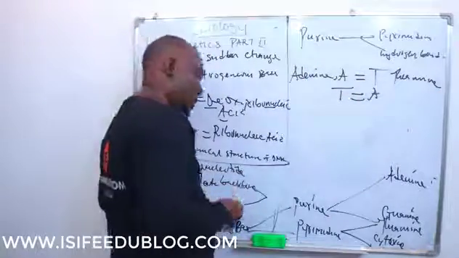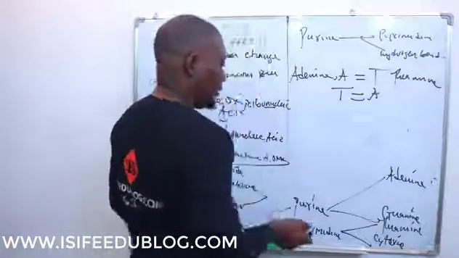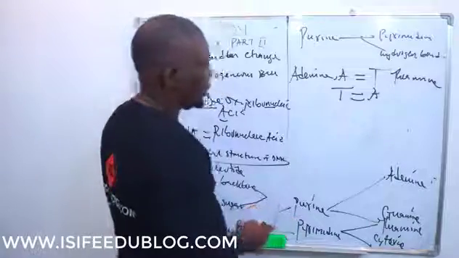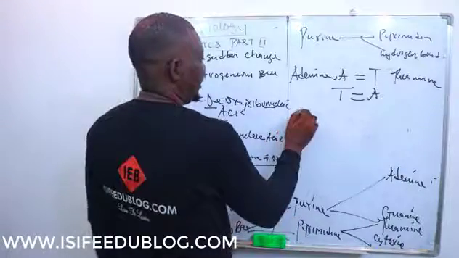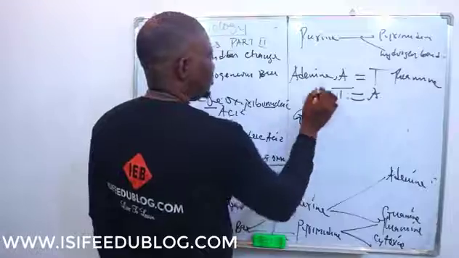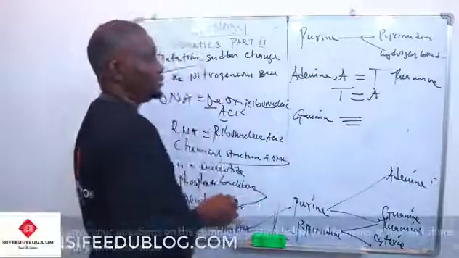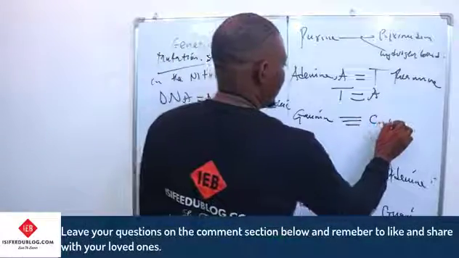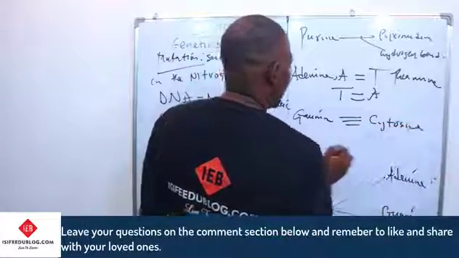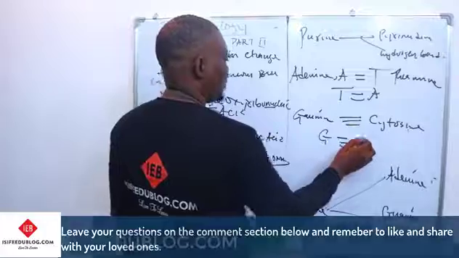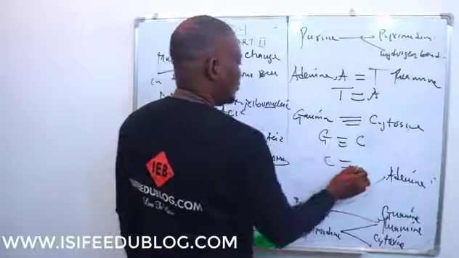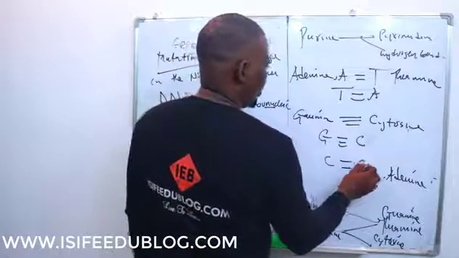On the other hand, guanine, a purine base, must pair with a pyrimidine, cytosine. That is G will pair to C, or C will pair to G.